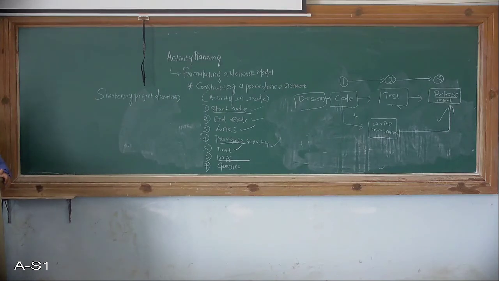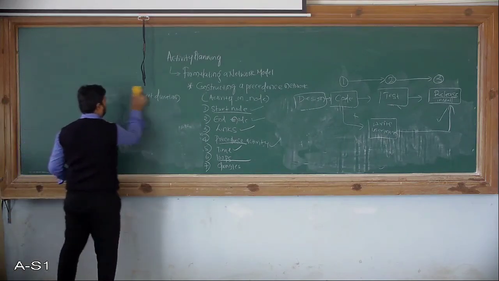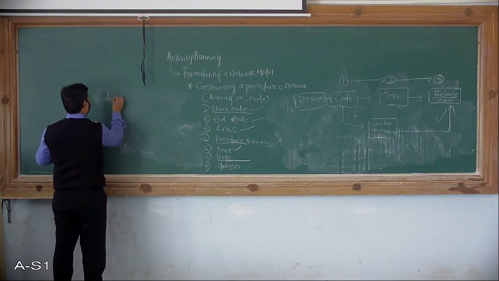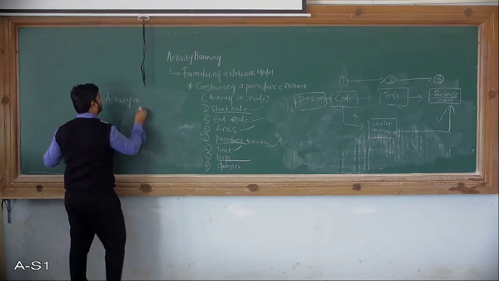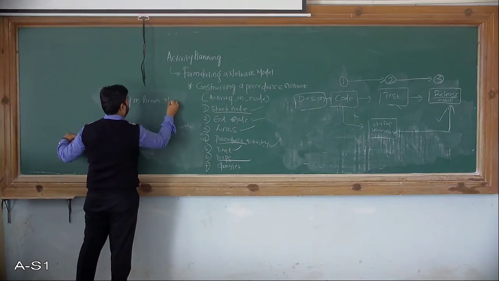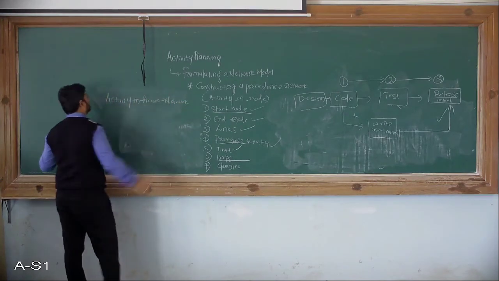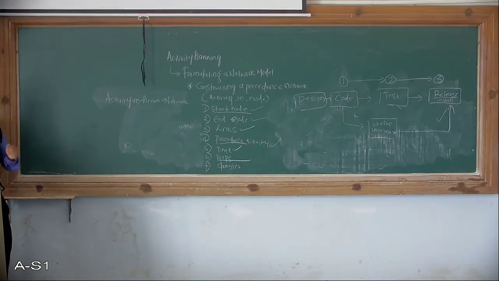Then comes another similar topic, the activity on arrow network. Activity on node and activity on arrow network are almost the same.